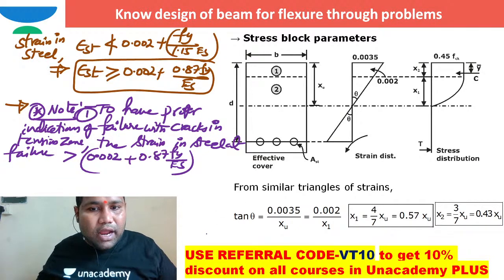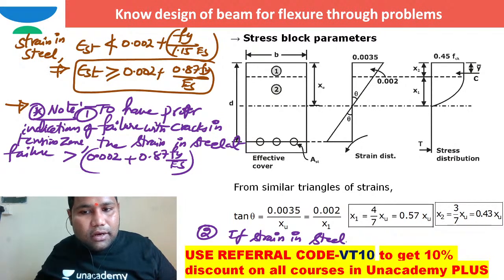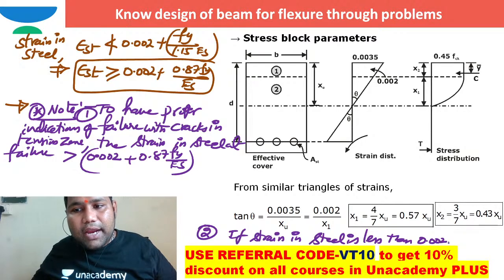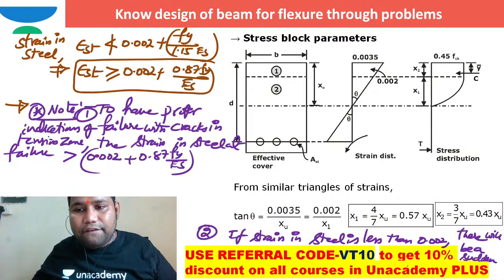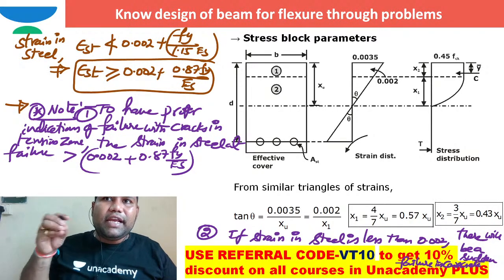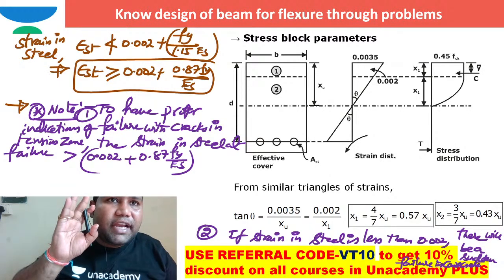This is note 1, and now note 2. If the strain in steel is less than 0.002, then there will be a sudden failure in concrete in the compression zone without any indications of failure.